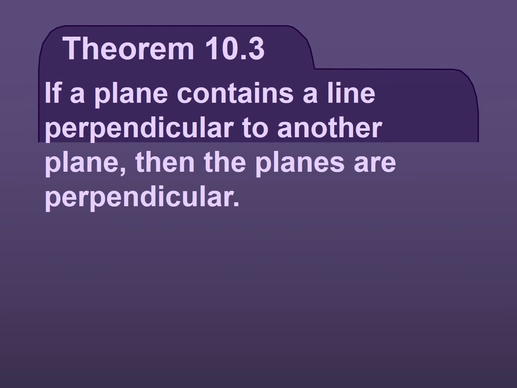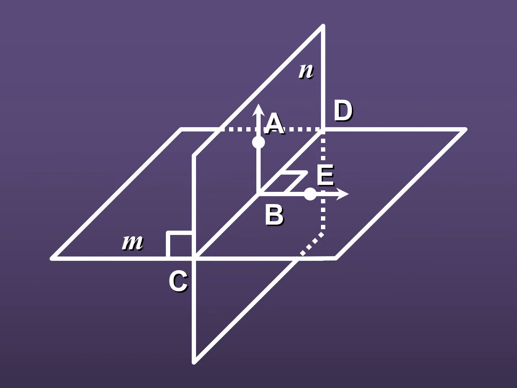So that means that if the line is perpendicular to another plane, then those planes have to be perpendicular. So here we go. We have a line CD, and it's perpendicular.